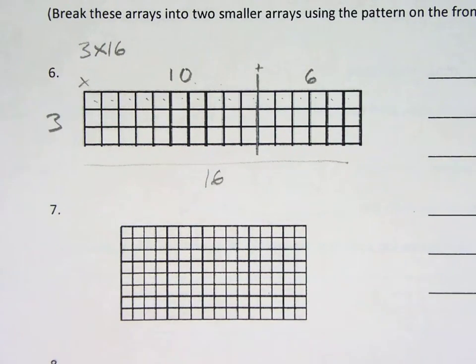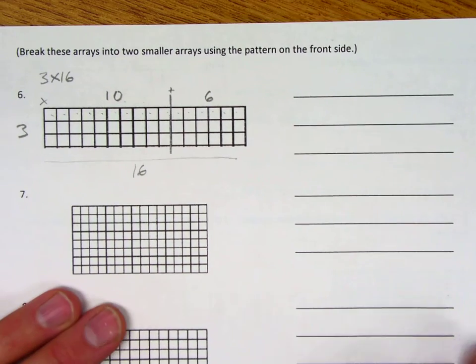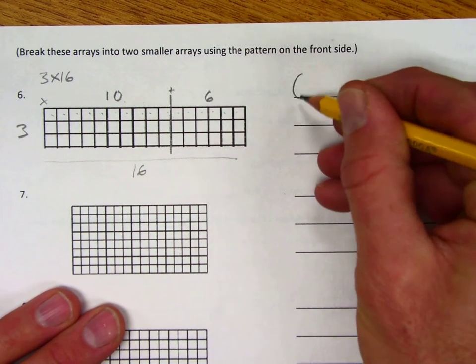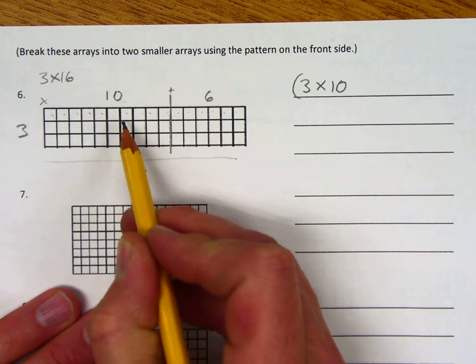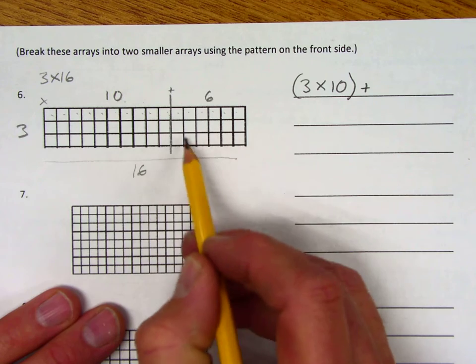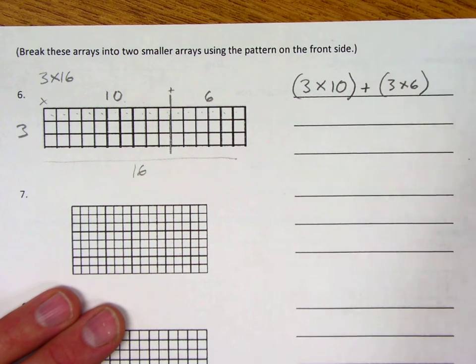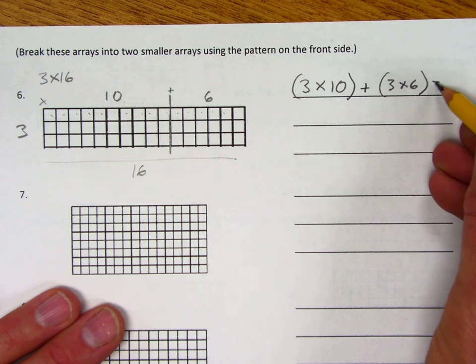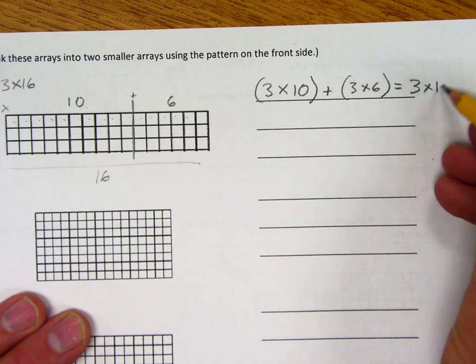If you write it out in math notation, you're looking at 3 times 10, which is this space in the array right here, added onto this other area over here, which is 3 times 6. When you add those two things together, they equal 3 times 16.